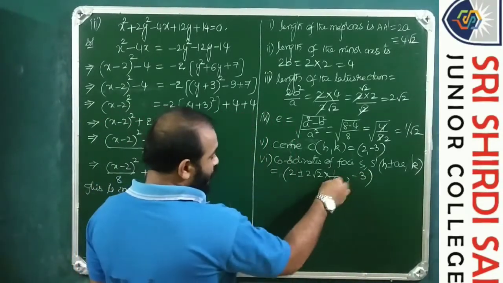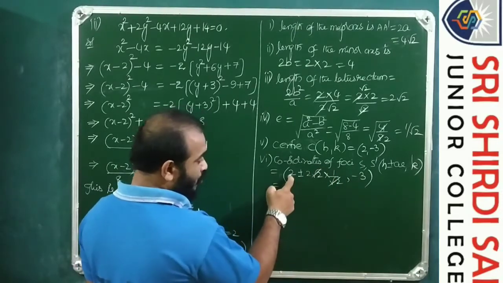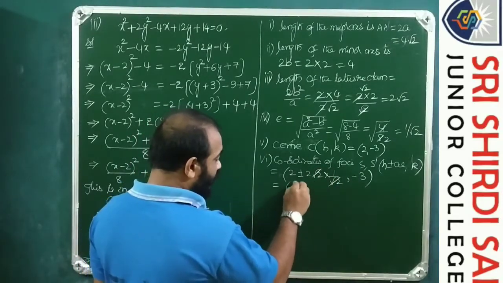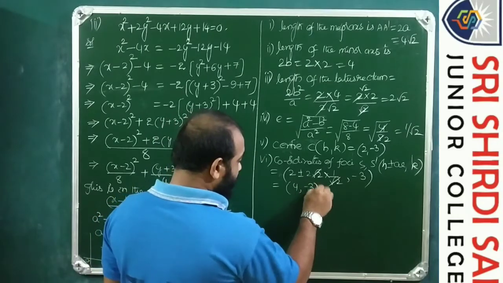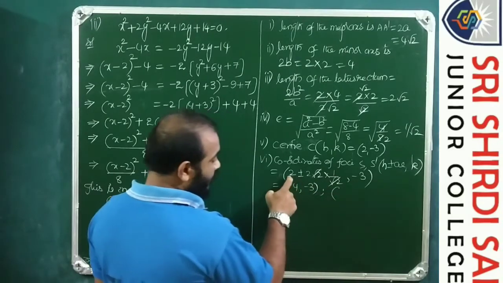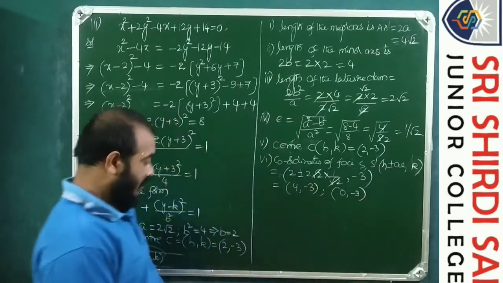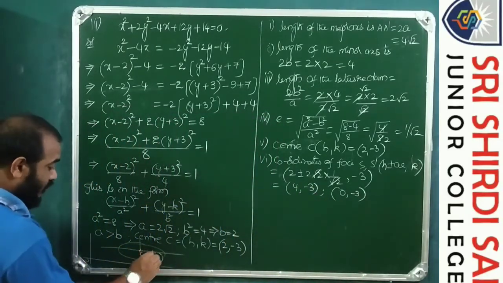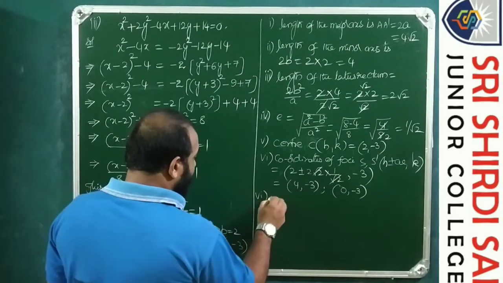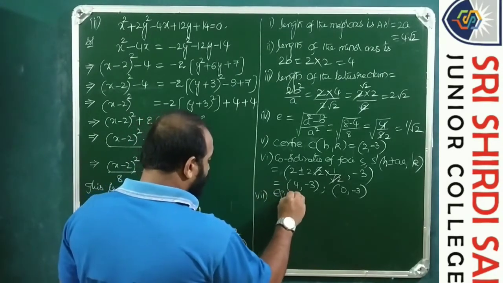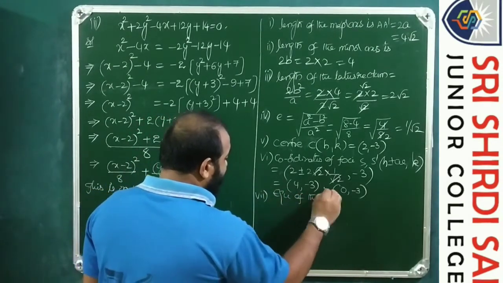So root 2 gets cancelled. Here 2 plus 2, 4 comma minus 3, and 2 minus 2, 0 comma minus 3 are the coordinates of foci.